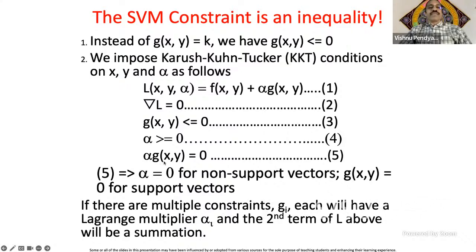And then alpha times g of x comma y is equal to 0. This is also an important observation from the KKT conditions, but again, it is very intuitive. Remember, we talked about it: if the constraint is met, then we anyway want this term to be 0.